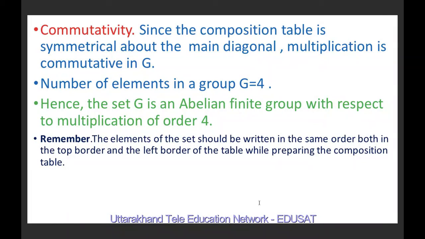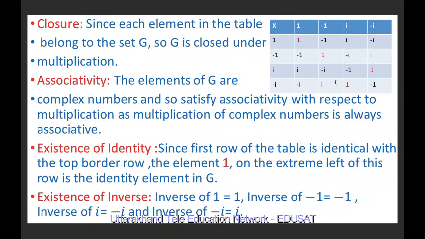Since the composition table is symmetrical about the main diagonal, multiplication is commutative in G. So let's see. Here the diagonal elements are 1, 1, minus 1 and minus 1. Elements on its right in the first row are minus 1, iota and minus iota, and below 1 are minus 1, iota and minus iota. Second diagonal element is 1.